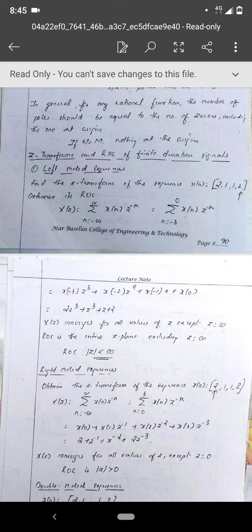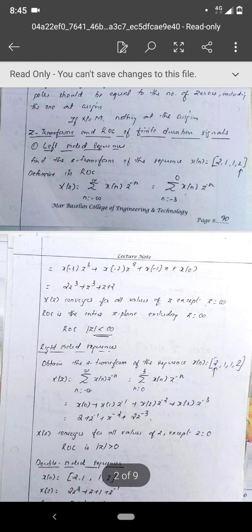By definition, if you want to find the z transform, X of z is equal to summation n is equal to minus infinity to infinity x of n z raised to minus n. Even though the summation is from minus infinity to infinity, the sequence is only from minus 3 to 0. So my summation reduces to n is equal to minus 3 to 0 x of n z raised to minus n.